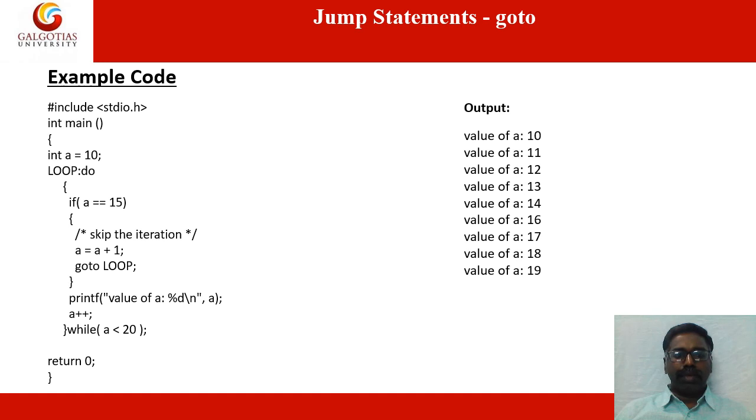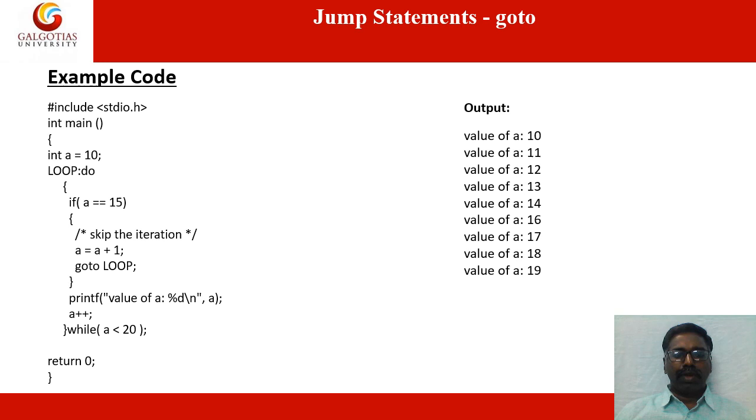A proper example is given for the goto statement here. Using the goto statement, we are going to display from 10 up to 19 by bypassing 15. Go through the program.